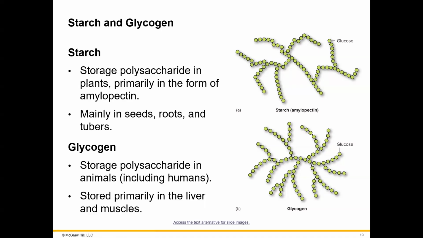When you get down here, glycogen is the storage form of these polysaccharides in animals. And yes, that includes us. The term glycogen: glyco meaning sugar, gen meaning to generate or to create. This is how the body can store excess glucose as energy, primarily in the liver, and sometimes also in the muscle.